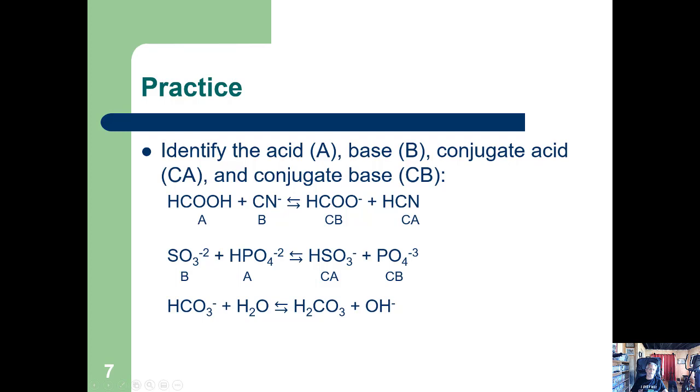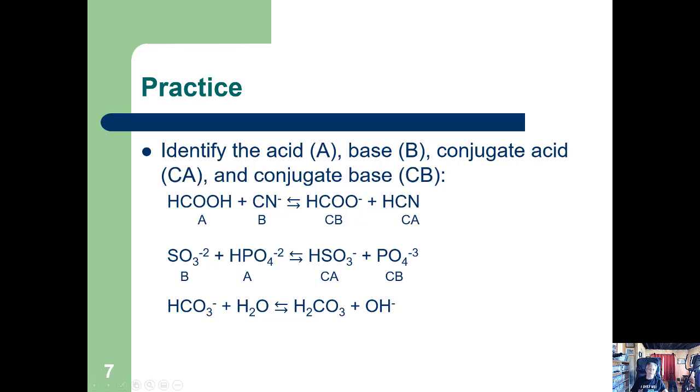And then finally, we've got bicarbonate down here, hydrogen carbonate, which is going to behave as the base. Now, this might be confusing because you go, well, it's got a hydrogen ion, but if we look at the product side, it's gained a proton. So it's actually the base in this reaction, and water is going to behave as the acid because you look over here on the product side, you've got hydroxide ion.